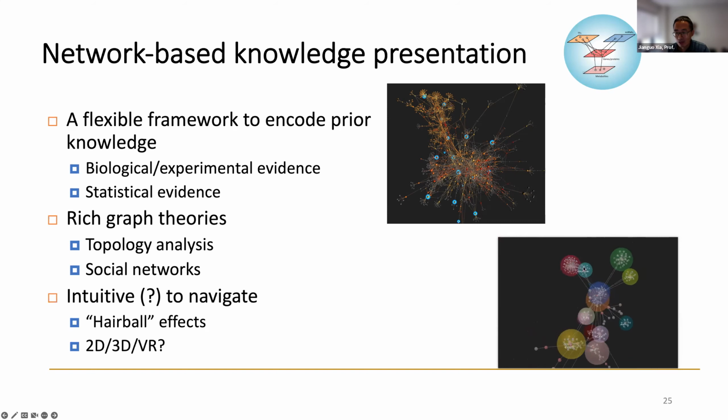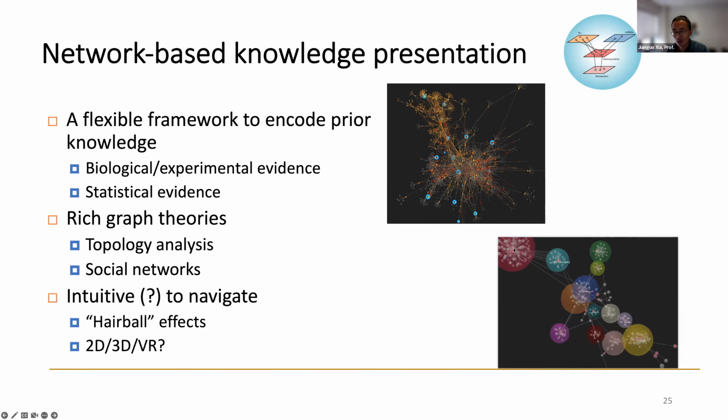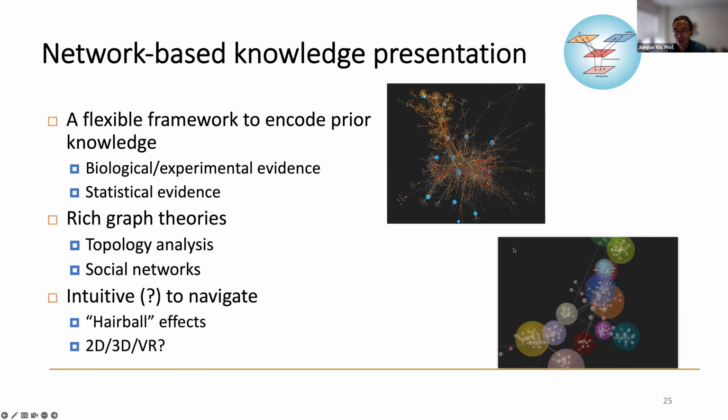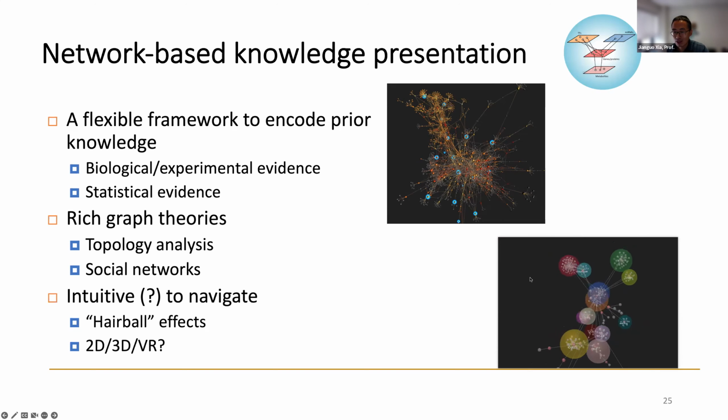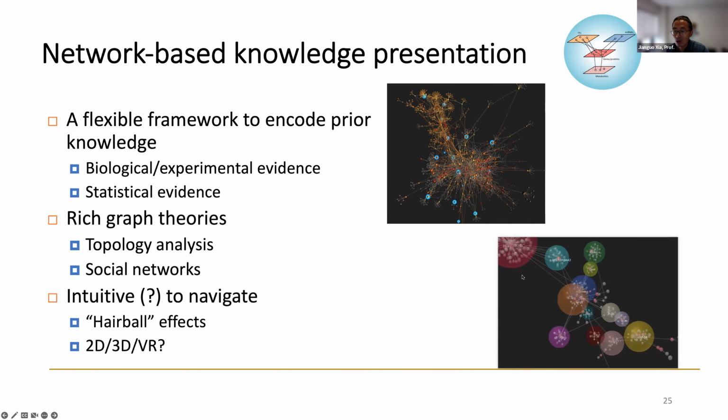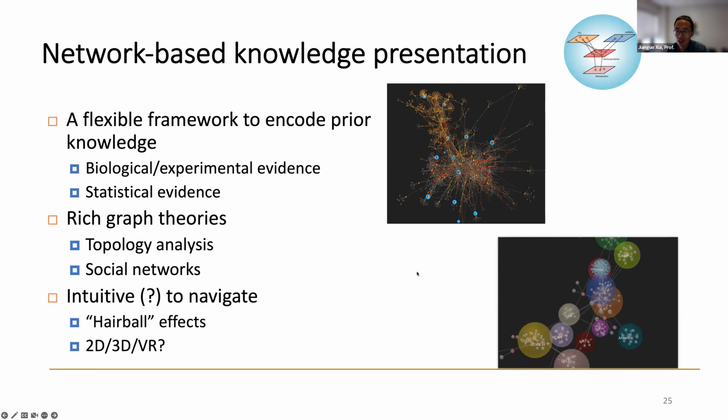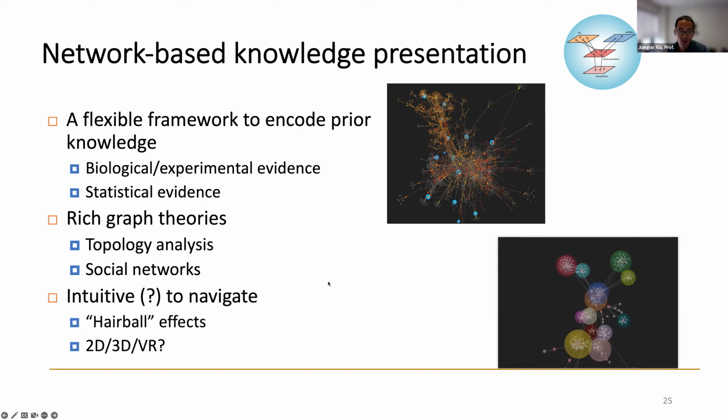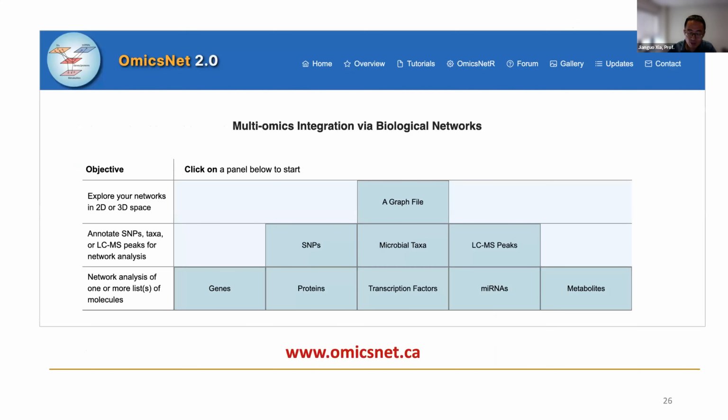On the bottom, we added something to reduce the complexity of the 3D network into a more digestible format: bubbles. The bubbles mean that we put nodes into different modules and color them differently, and you can interact with them separately. It makes it easier. Overall, we really try to explore how to get a lot of the data into a network and how to explore and visualize the network in a way that is not overwhelming and actually makes sense.